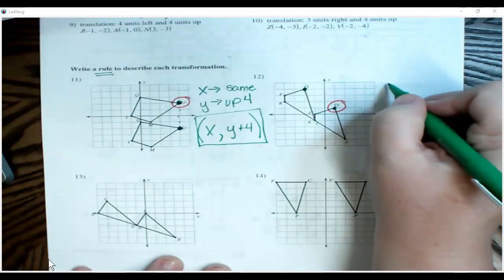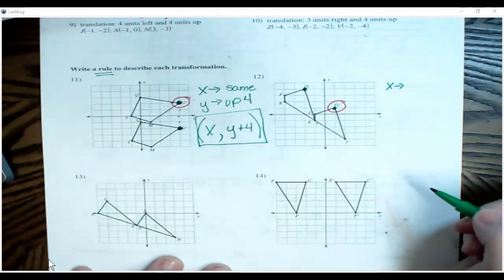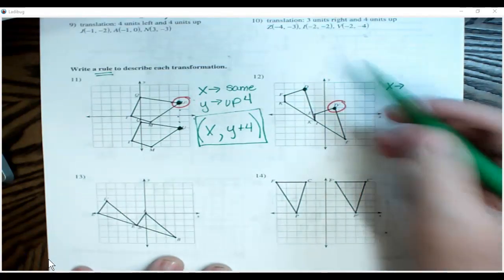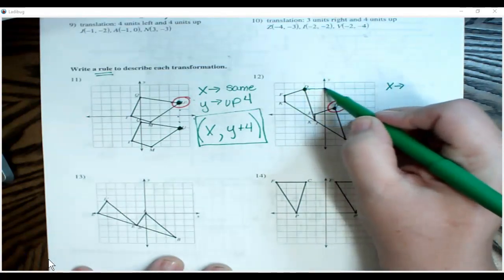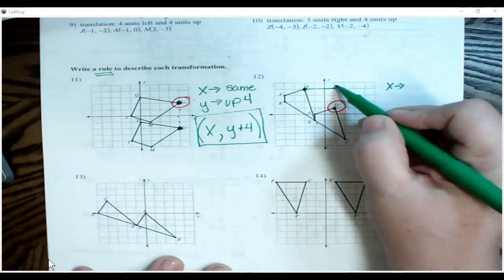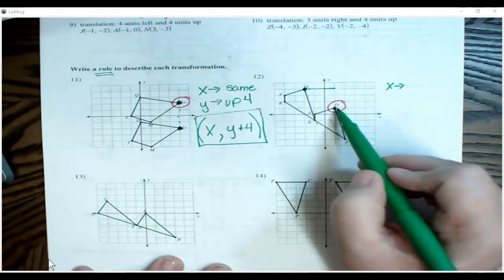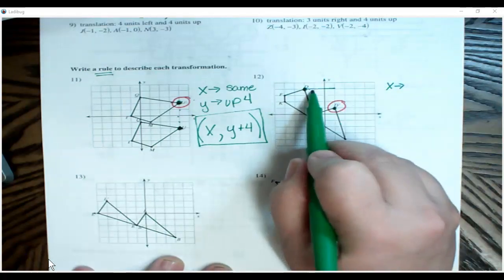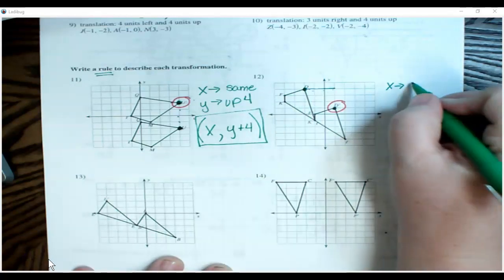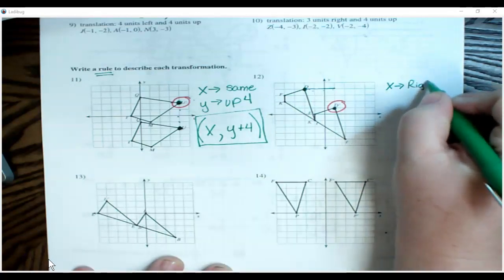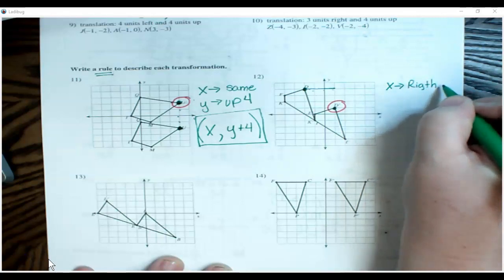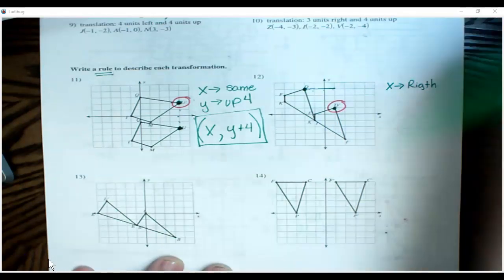So first, what's happening with our X's? Well, in order to get here, I know I'm having to go over. I'm going over to the right. To get in line, I went over 1, 2, 3. So I went to the right. Oh, I spelled that wrong.